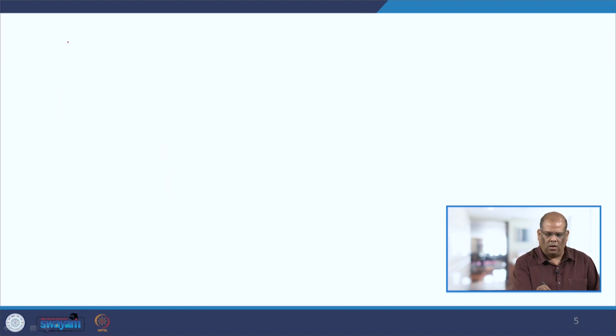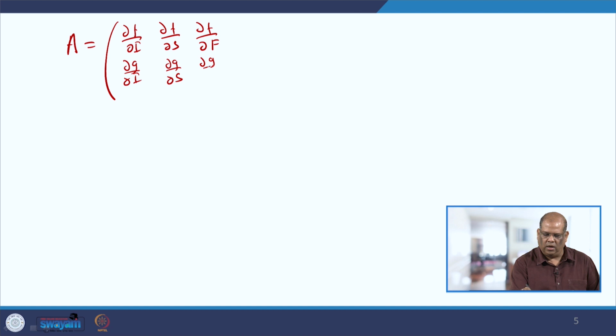Our Jacobian matrix A is going to be del f del I, del f del S, del f del R, del g del I, del g del S, del g del R, del h del I, del h del S, and del h del R.